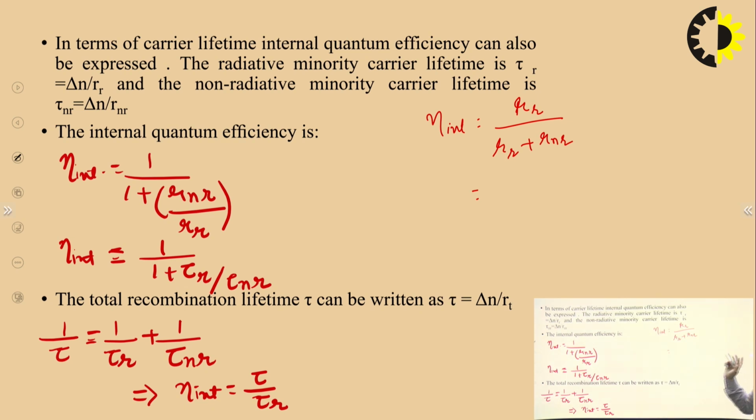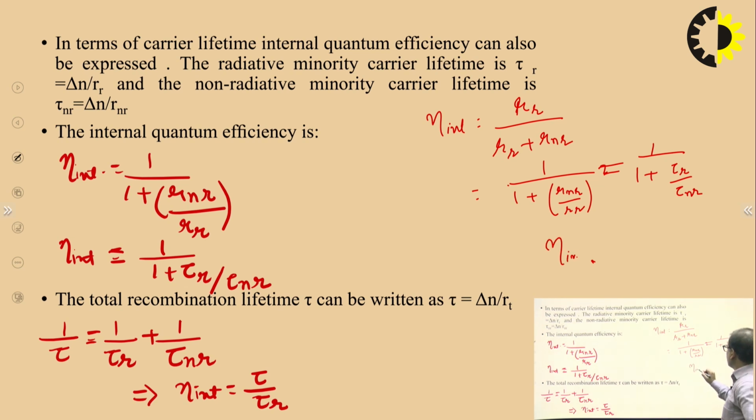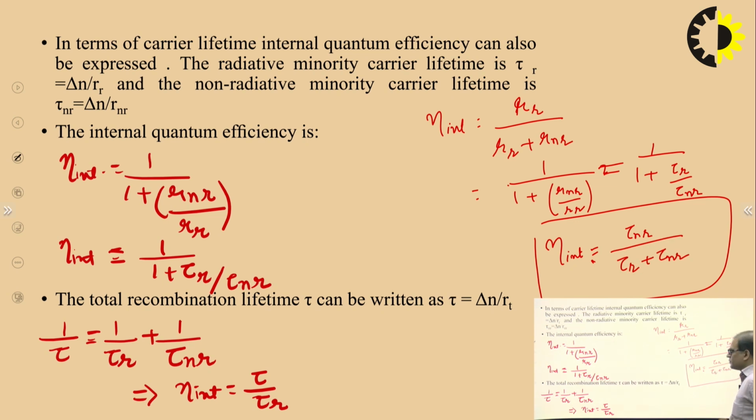In terms of the lifetime of the carrier, it can be written as 1 upon 1 plus RNR upon RR, and this can also be written as 1 upon 1 plus tau R divided by tau NR. So the internal quantum efficiency can also be defined as tau NR upon tau R plus tau NR, clear.